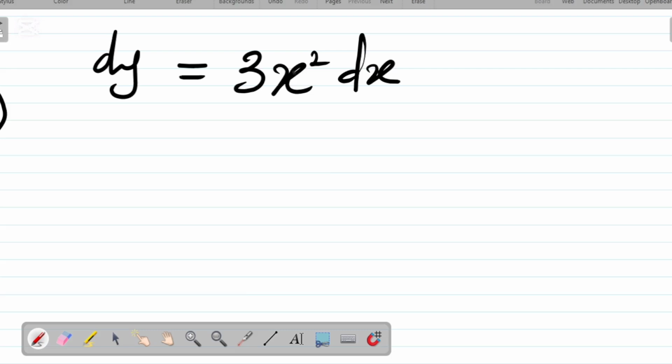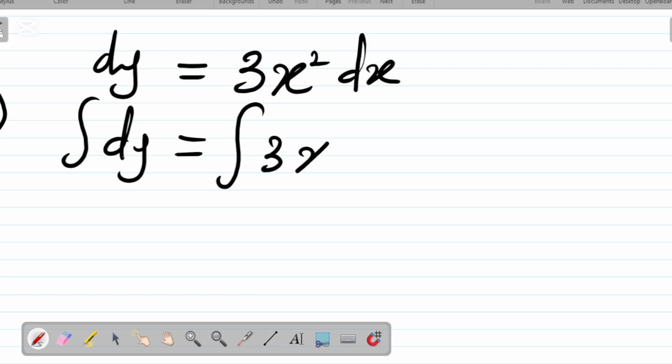Now let's attach the integration sign. We have here integral of dy equals 3x squared dx. So at this point, integration cancels differentiation.